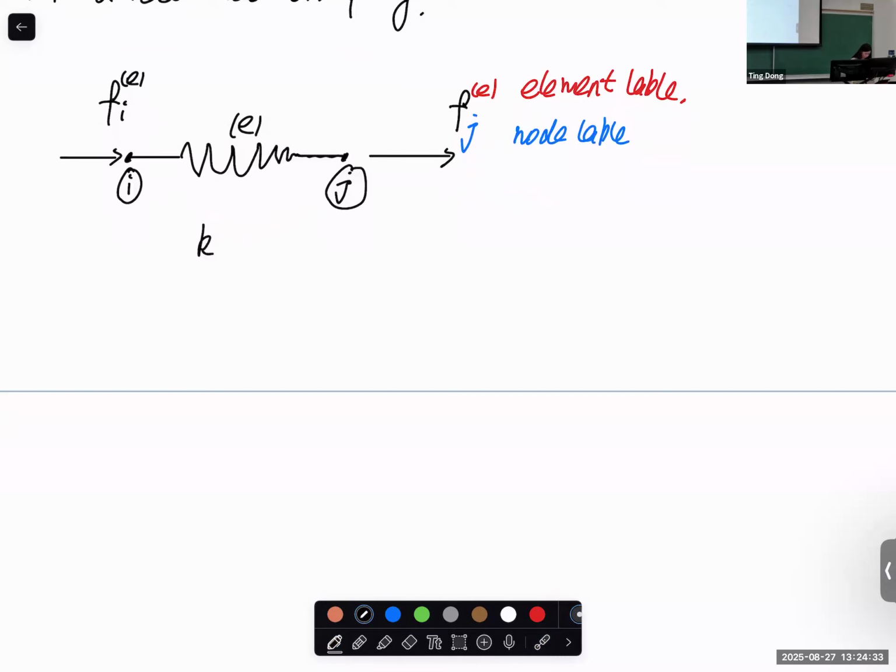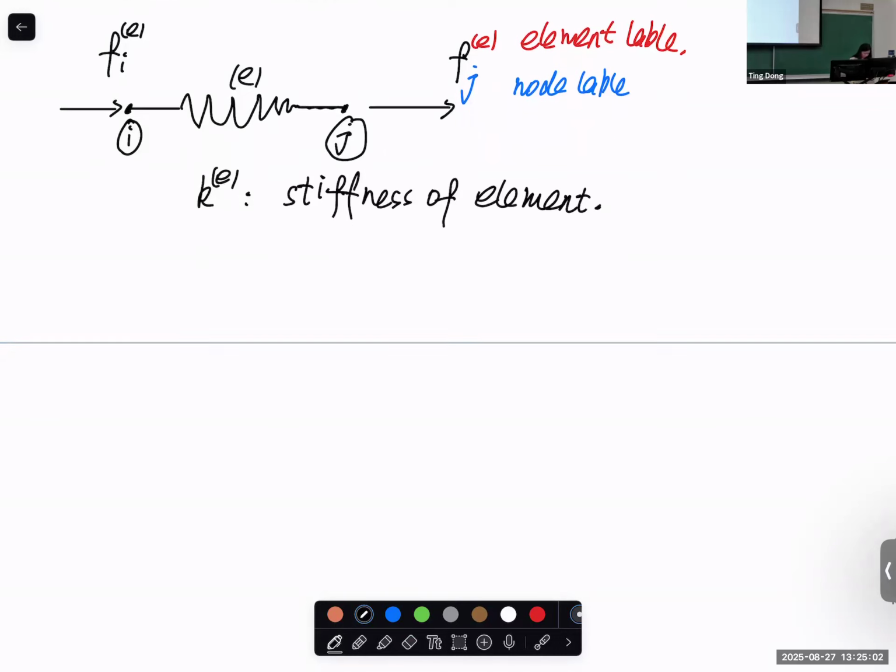And we define k^E as the stiffness of this spring element. And also we have the displacement.